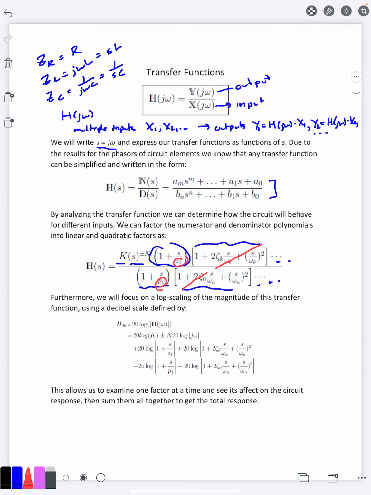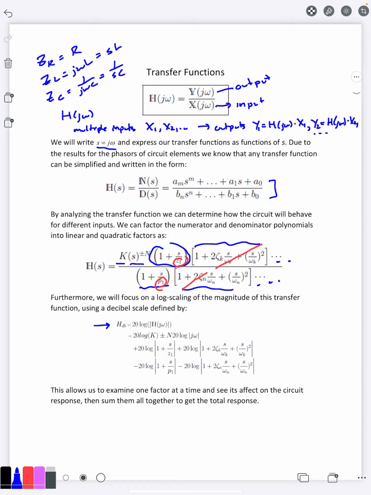Furthermore, it turns out that dealing with h as a transfer function like this is not what's most commonly going to be used to analyze what's going on in the problem. Instead, we're going to be looking at a decimal system for this, a log-based system to handle transfer functions. And in particular, we have this definition here.